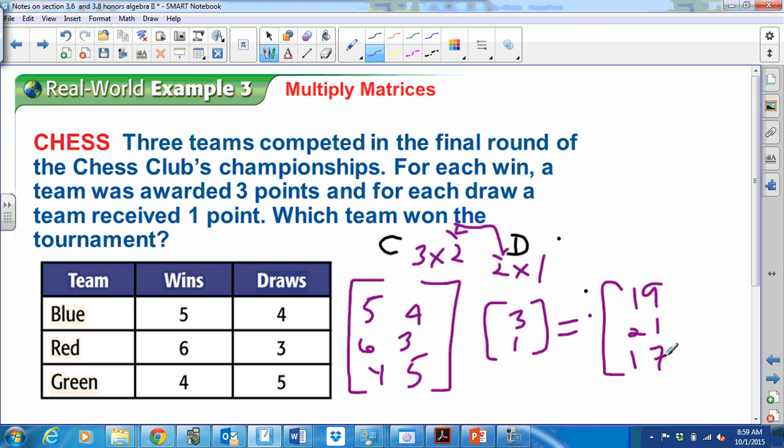Now, you'll notice that we ended up with a 3 by 1 matrix when we multiplied those together. And so what this means is that the blue team got 19, the red team got 21, and the green team got 17. So the red team would be the winner of the tournament. So knowing how to set these up and organize your information is key.